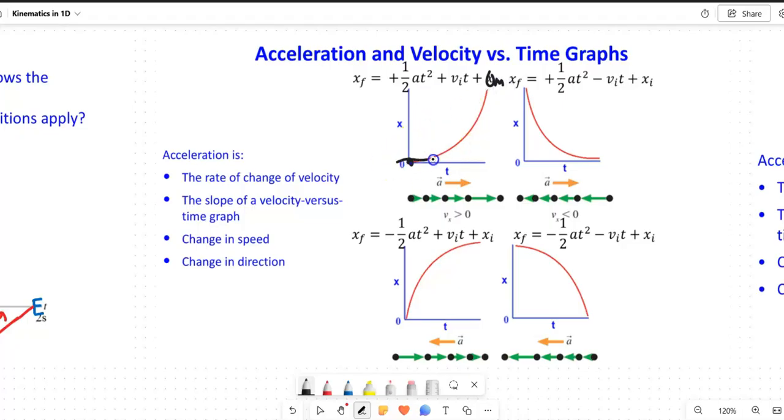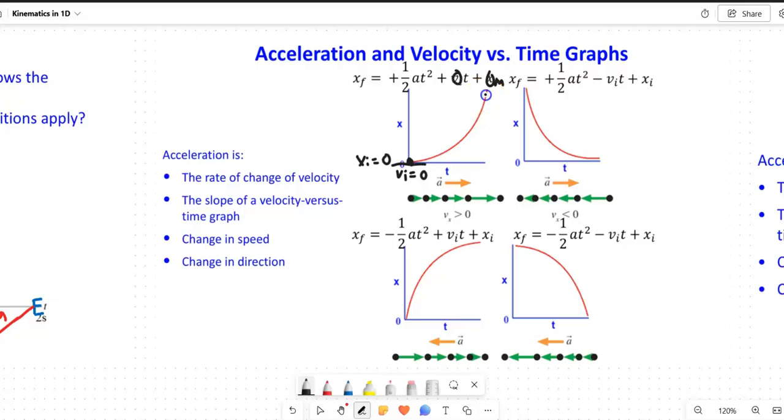And this slope right here at that point, which is the initial velocity, looks like it's 0. So this is actually a 0 velocity.